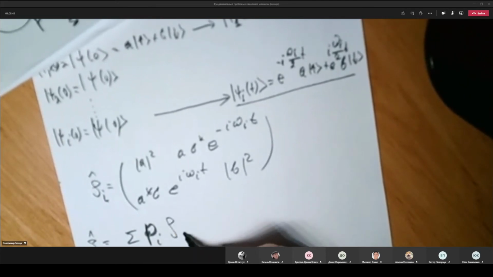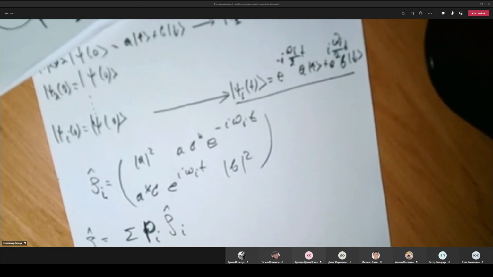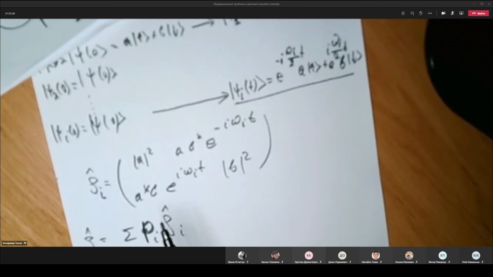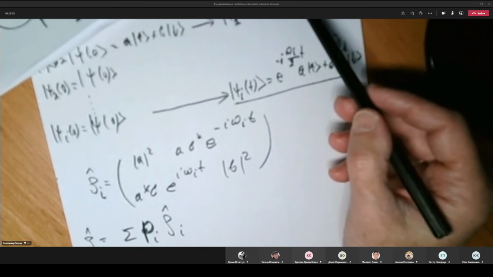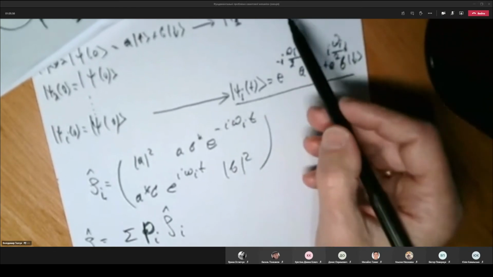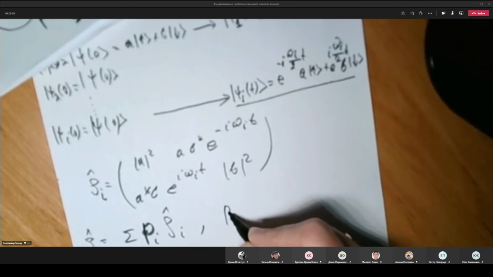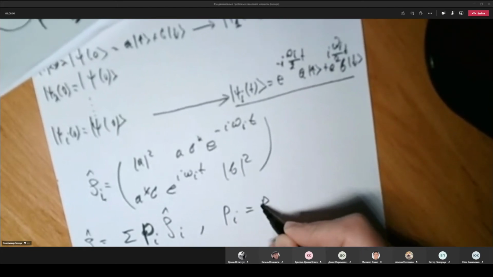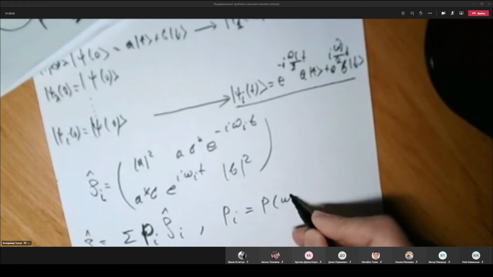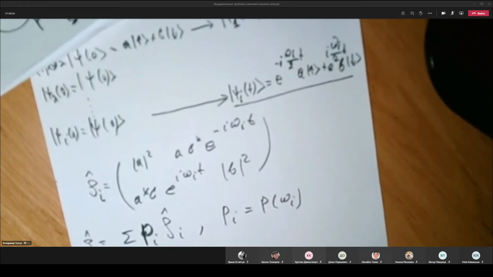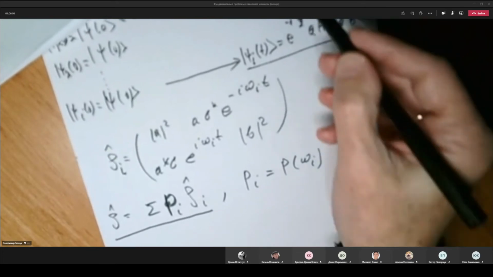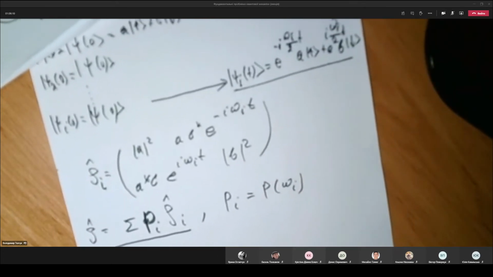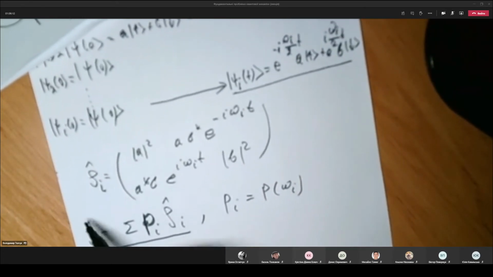and rho I. So Pi is the probability to find that the spin interacts with magnetic field omega I. So Pi is the probability P, which depends on the value of the magnetic field. So the density matrix which describes this mixed state is this one.